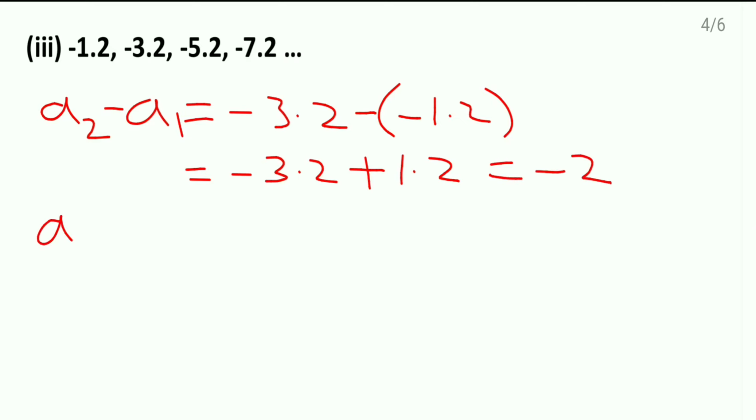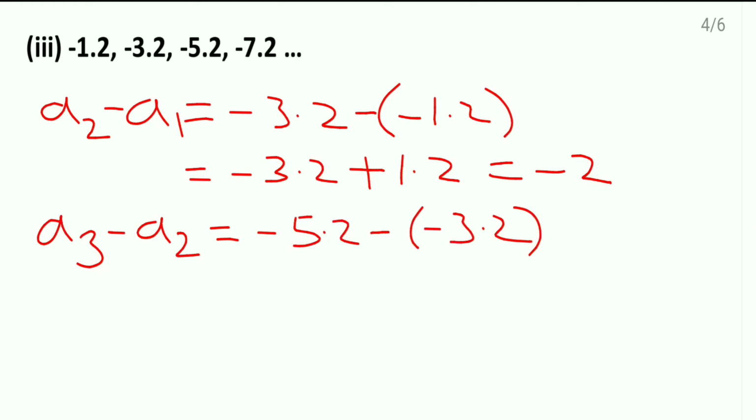Here A3 minus A2, which is equal to minus 5.2 minus minus 3.2. If you see once again here, minus 5.2 plus 3.2 is nothing but minus 2.